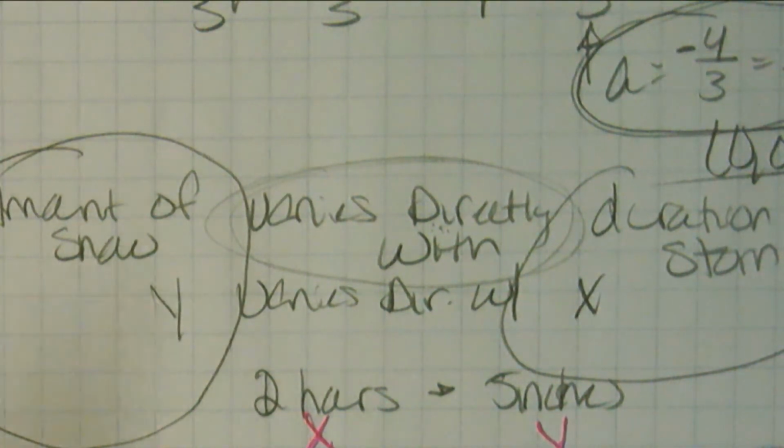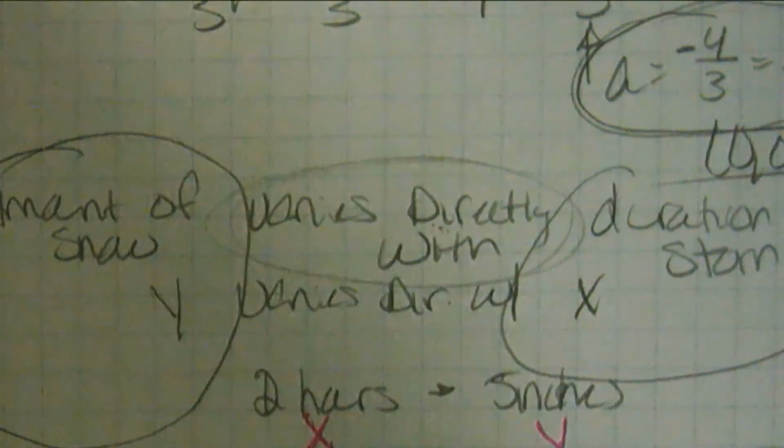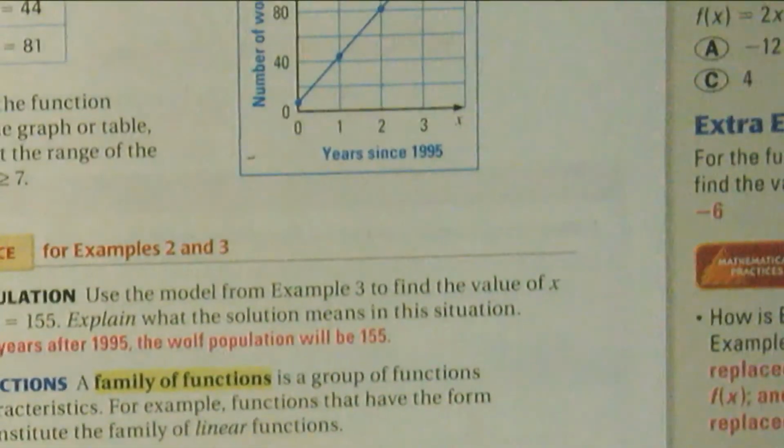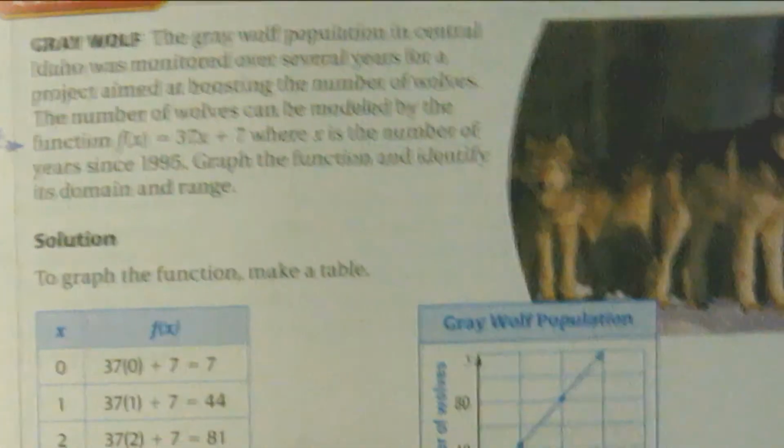Domain and range. We've done these relatively recently. Let me see if I can find them. So when we talk about domain and range, again, this is one that we did in our homework. So Ryan, I think you asked for this.